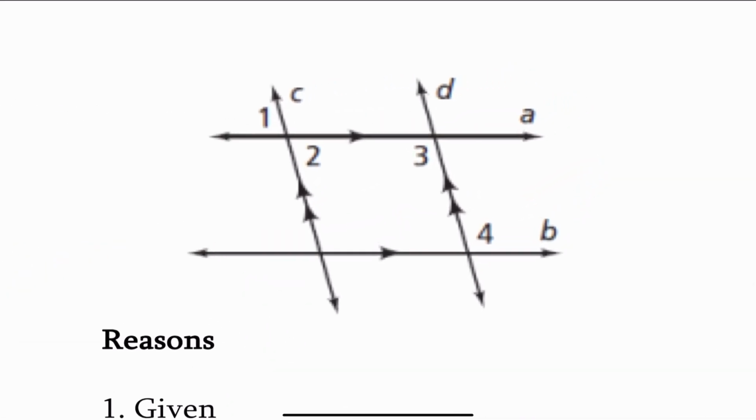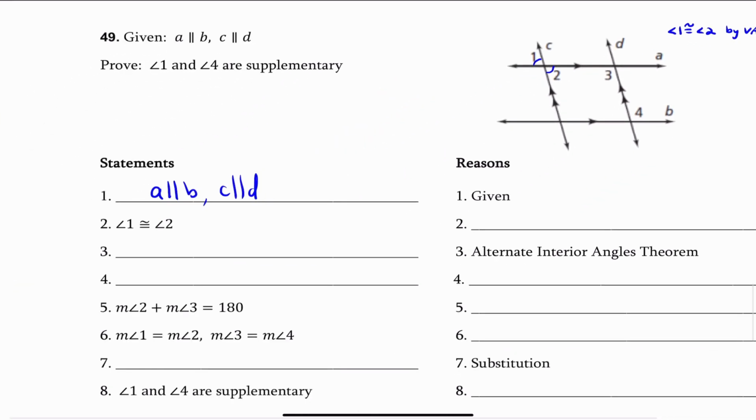Note that we can see from our image that angle 1 and angle 2 are congruent by vertical angles. So angle 1 is congruent to angle 2 by vertical angles. Okay?